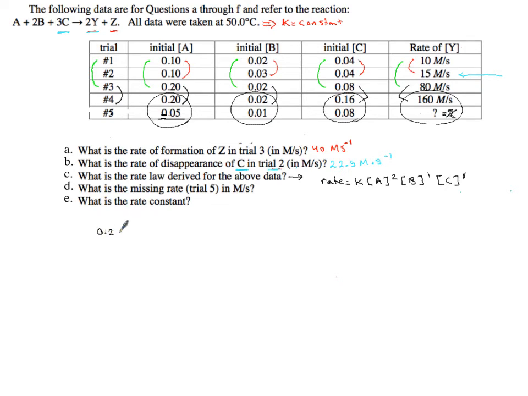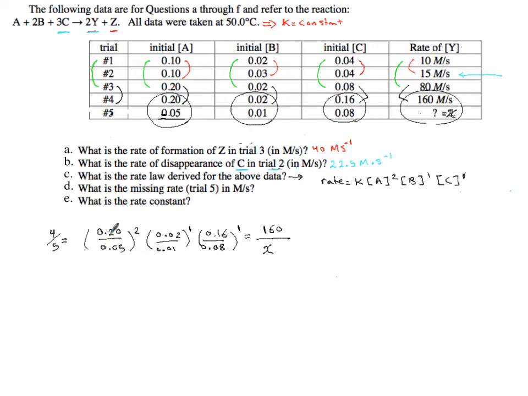So 0.2 divided by 0.05 raised to power 2, that's my fluctuation A. So don't forget this is 4 divided by 5. 0.02 divided by 0.01 raised to power 1 times 0.16 divided by 0.08 raised to power 1 is equal to 160 divided by the rate for that trial that is missing.